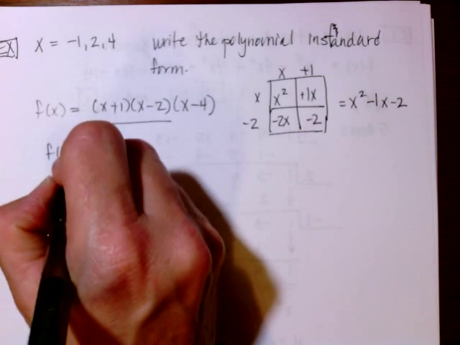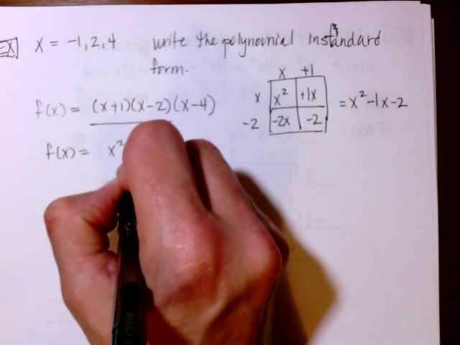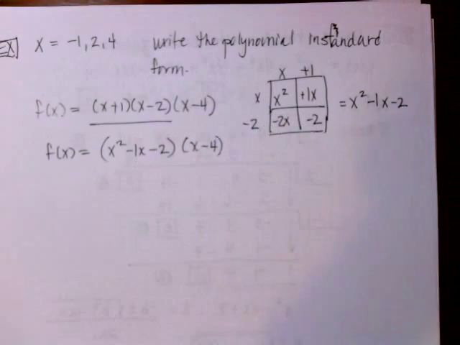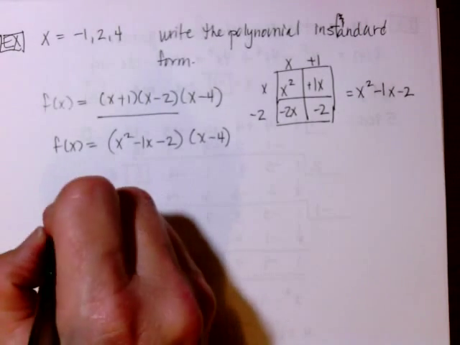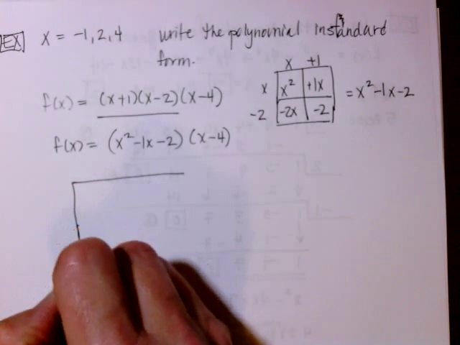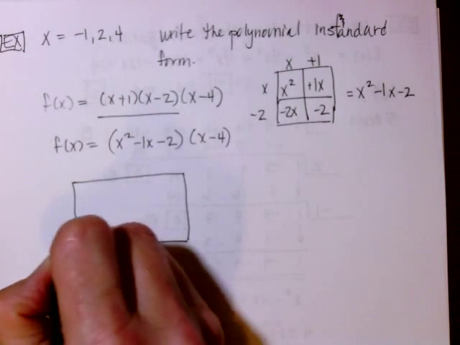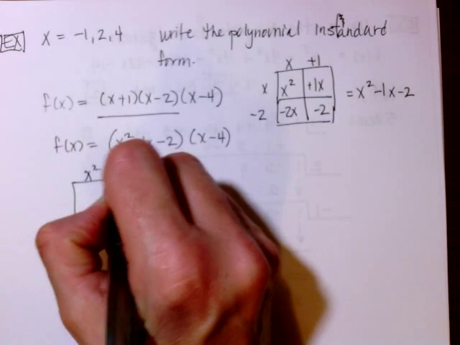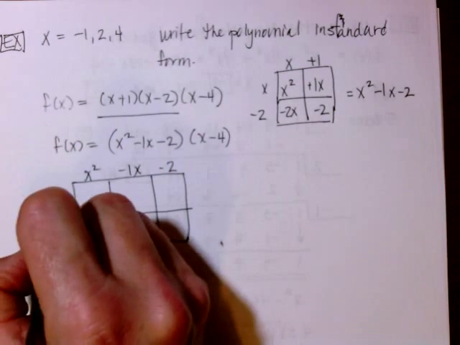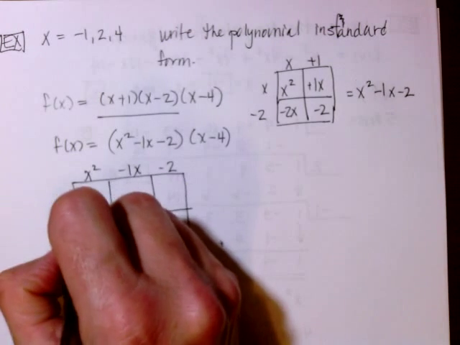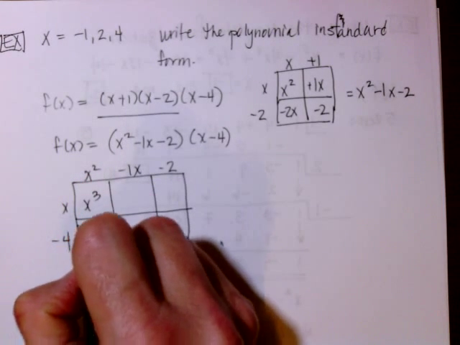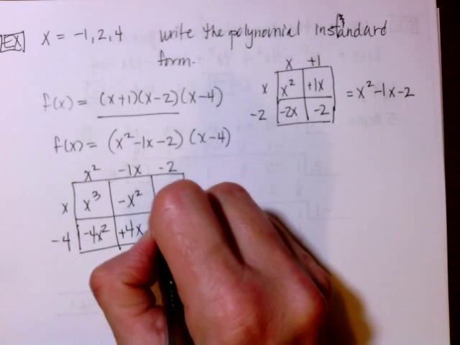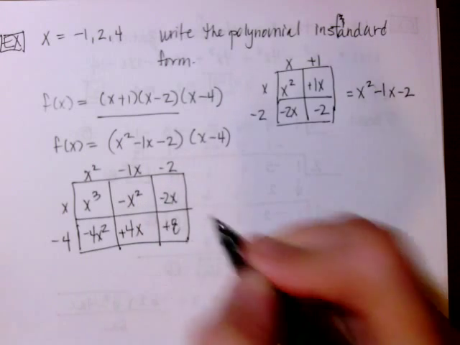So now I get to do a box again. Here's my x squared minus 1x minus 2. Now I need to do this math, and I'll do that box underneath. Here's my bigger box. My own personal idiosyncrasy is I like to put the cubed term on the top. x cubed minus 4x squared minus x squared plus 4x, and then minus 2x plus 8.